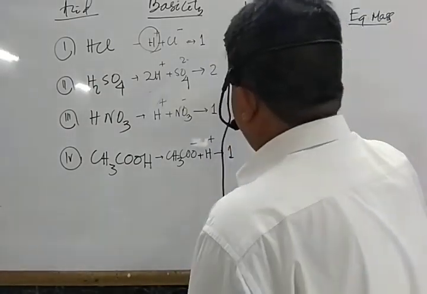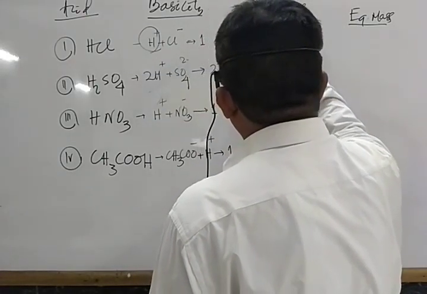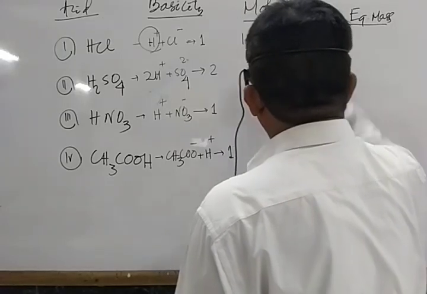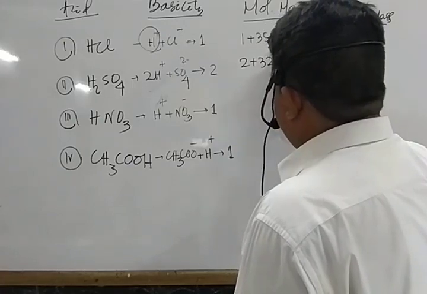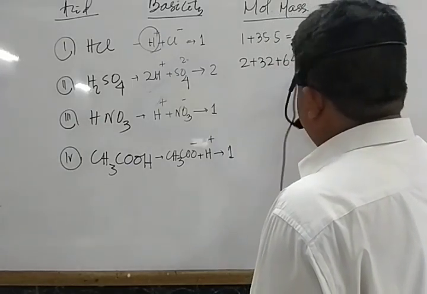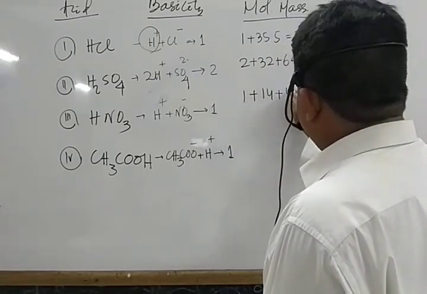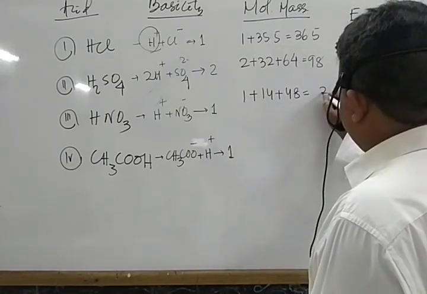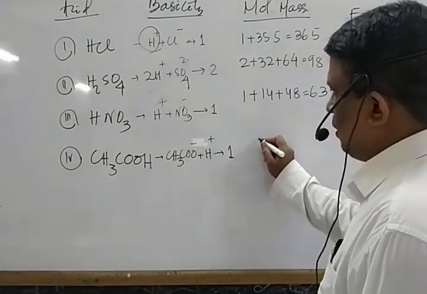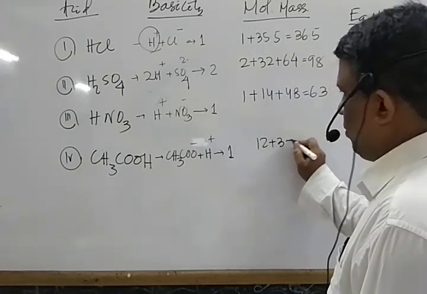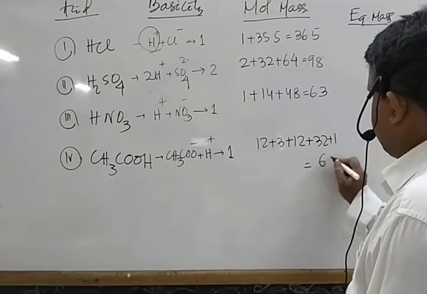Next, molecular mass. Mass of HCl molecule: 1 plus 35.5 is equal to 36.5. Next, H2SO4: 2 plus 32 plus 64 is equal to 98. HNO3: 1 plus 14 plus 48 is 63. Next, CH3COOH: 12 plus 3 plus 12 plus 32 plus 1, that is 60.